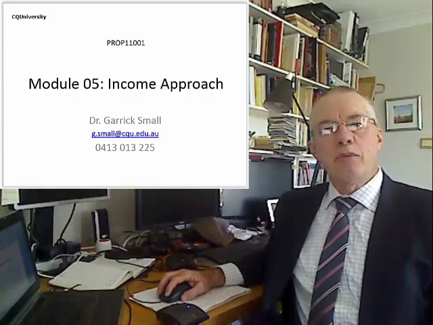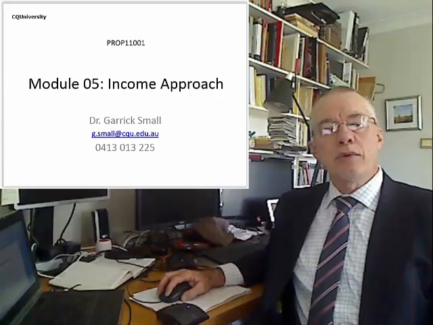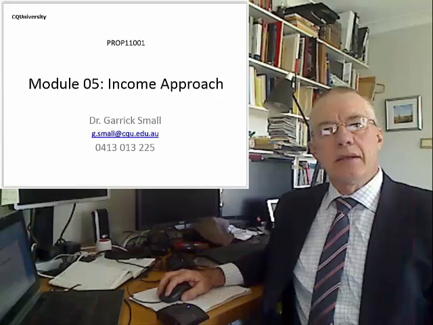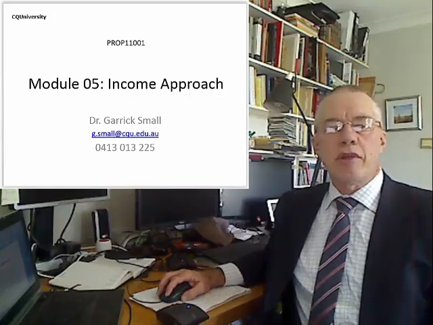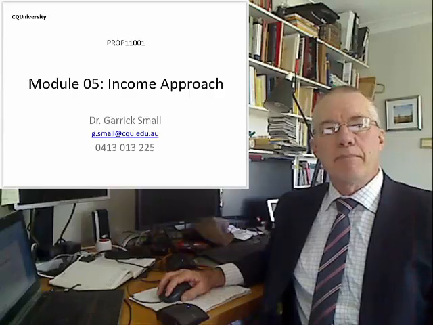You'll also find that when we do adjustment grids, we're really looking at cost issues. And to a certain extent, when we're looking at the most probable buyer, we are often considering things which are getting very close to some of the elements that are important in the income approach. And so the three approaches actually have a lot of overlap.